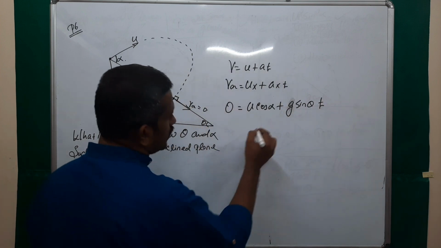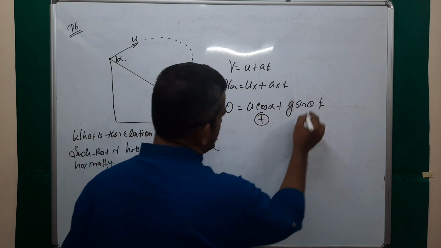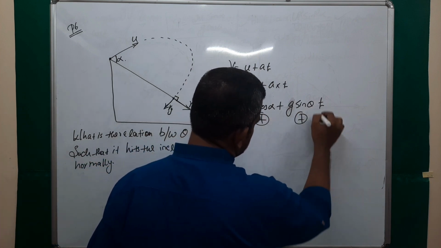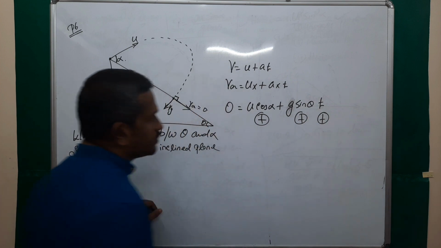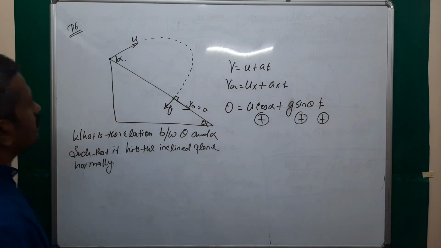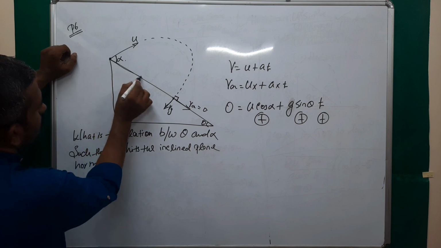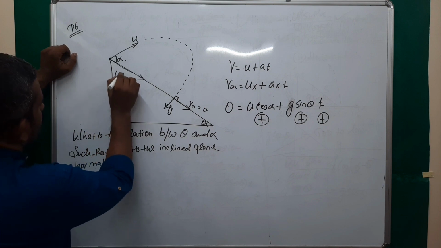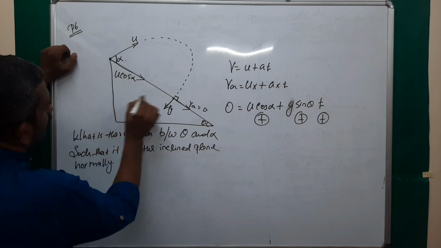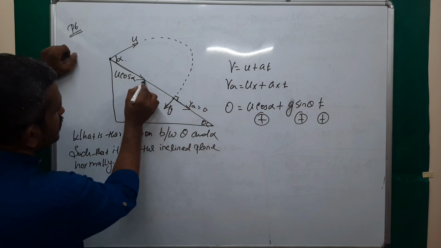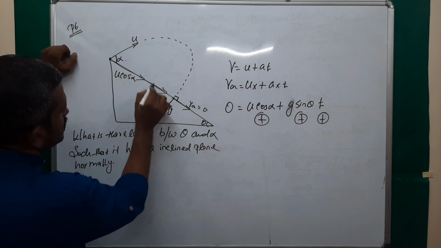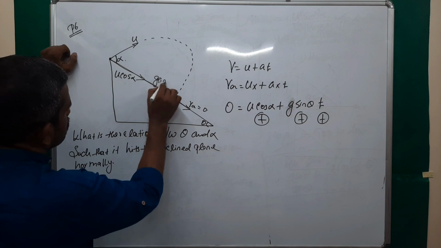Here u cos alpha is positive, g sin theta is positive, and the time of flight is also positive. u cos alpha is in this direction, and g sin theta is also in this direction.